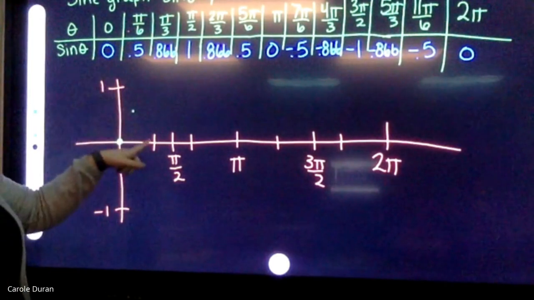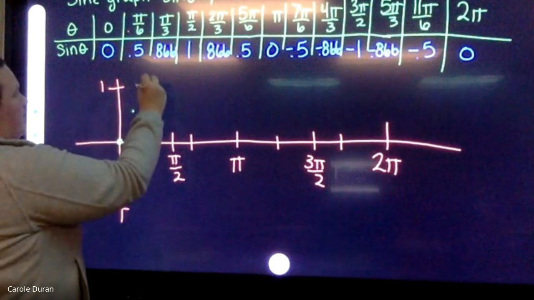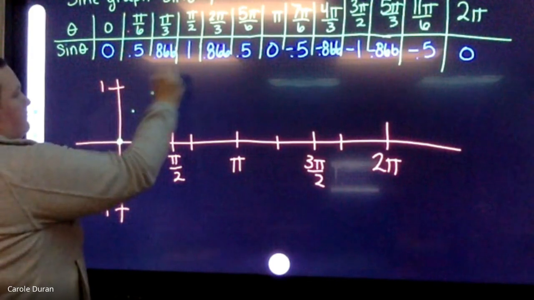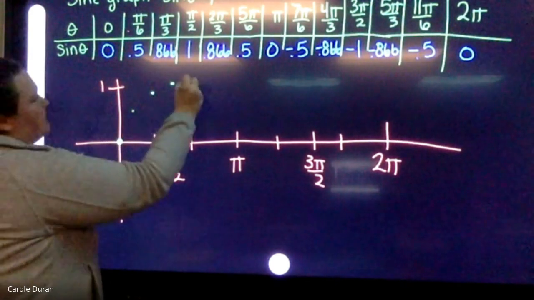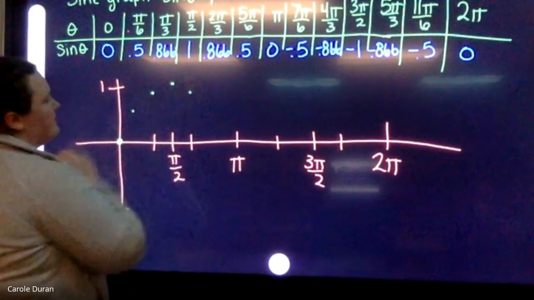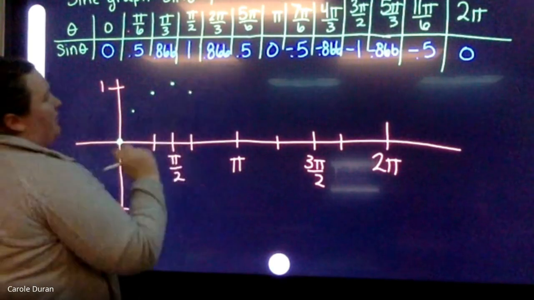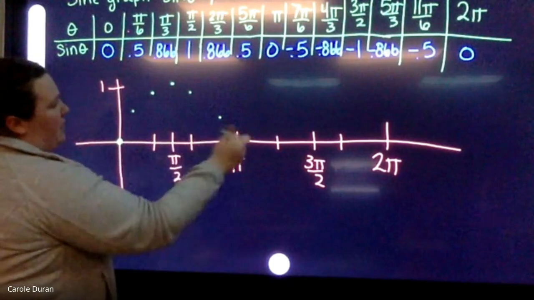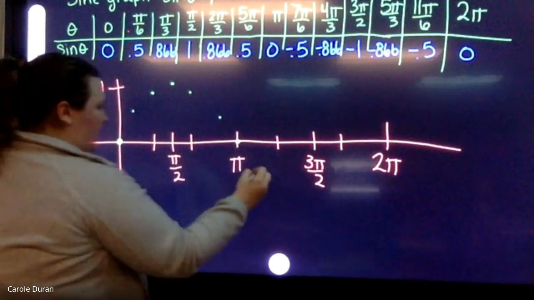At pi over 3, it was 0.866. At pi over 2, it was 1. Then it came back down. At 2 pi over 3, it was 0.866. At 5 pi over 6, which is approximately here, it was 1/2. At pi, it was 0, and we just keep repeating this process.